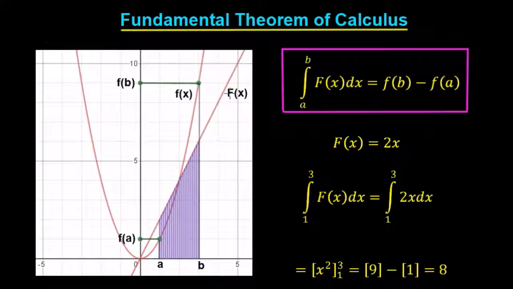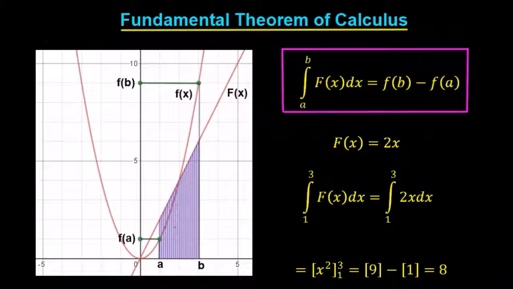And we've seen that we calculated the area under this function large F of x from a point A to a point B. In the example we did, it was from 1 to 3. And we've seen that the area there is a value of 8.